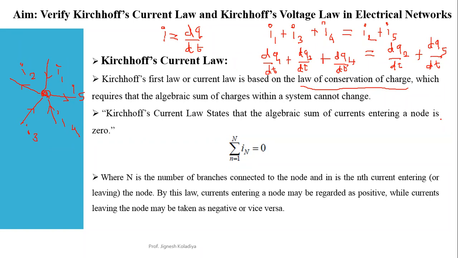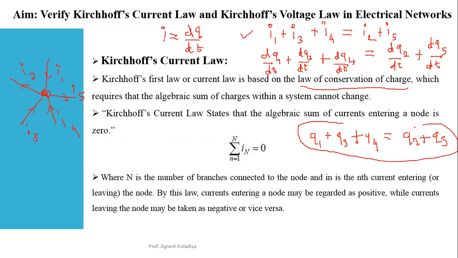Okay, so with this equation, you can see d by dt on both sides, so I can write finally in terms of charge: q1 plus q3 plus q4 is equal to q2 plus q5. So now you can see you have written the current equation and now you have the equation in terms of charge.